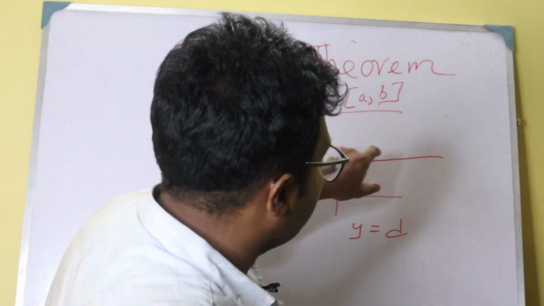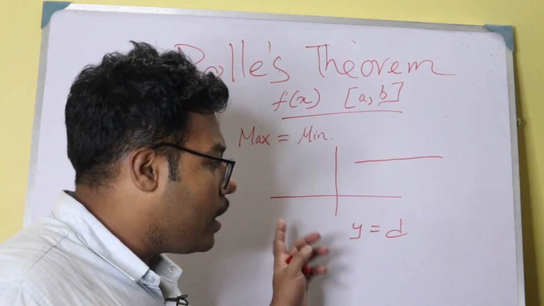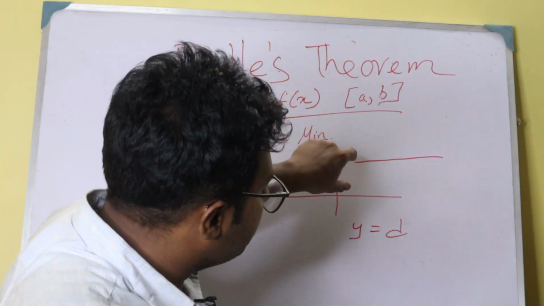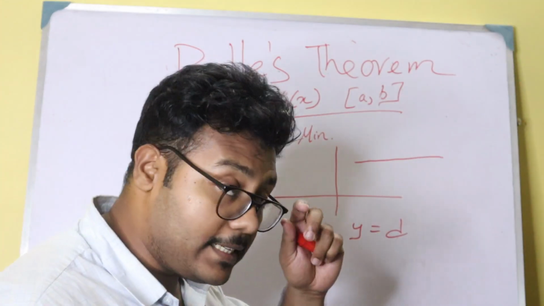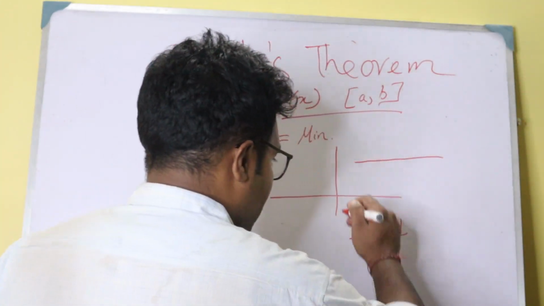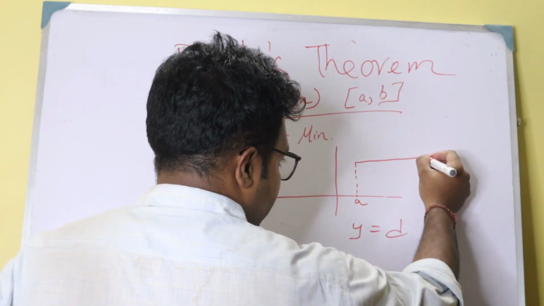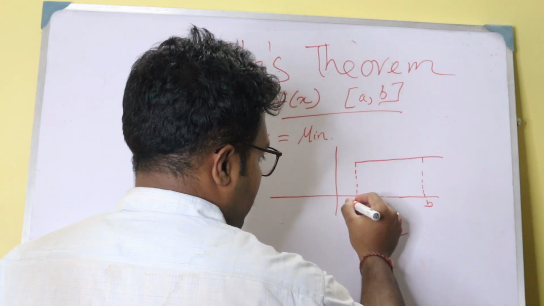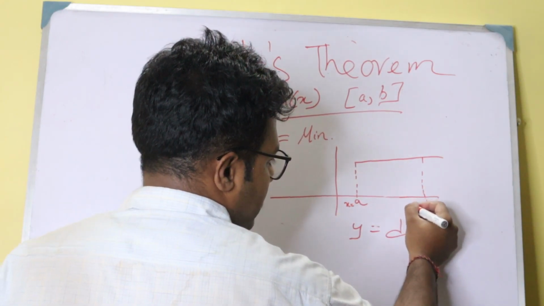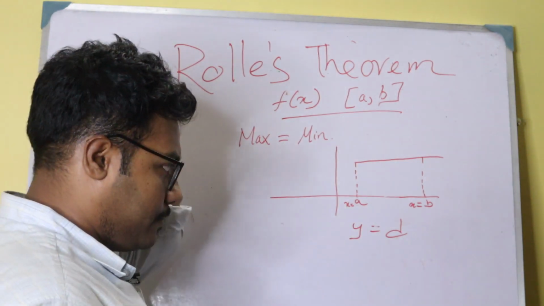Whenever we say y is equal to d, this function is a constant function which is parallel to the x-axis. Now suppose this is a point A and this is a point B, x is equal to A and this is x is equal to B.